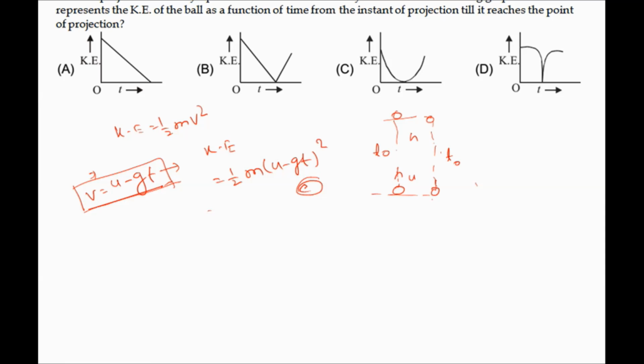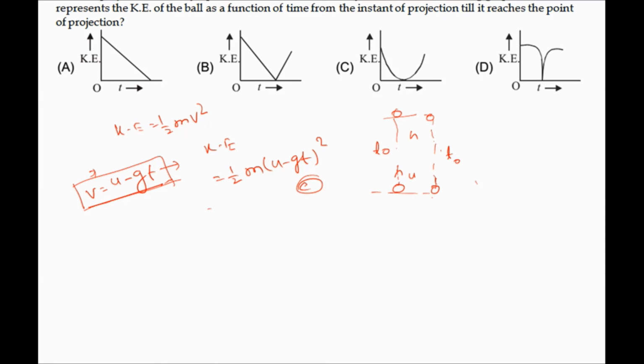Anyway, let's discuss more about this graph. Kinetic energy is denoted by KE, and if I represent u minus gt by a capital T, then it takes the form 1 by 2 m into T square.